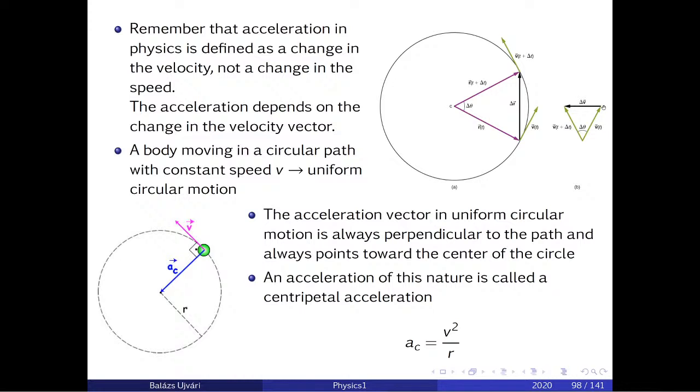If this is a non-zero vector, we can calculate delta v over delta t, which means the acceleration is not zero.